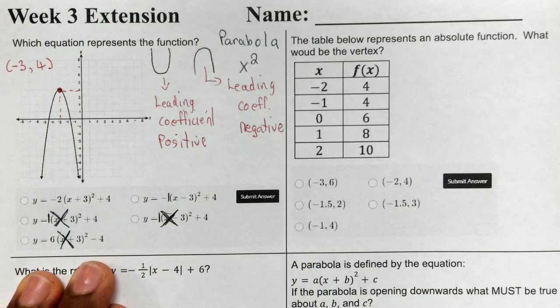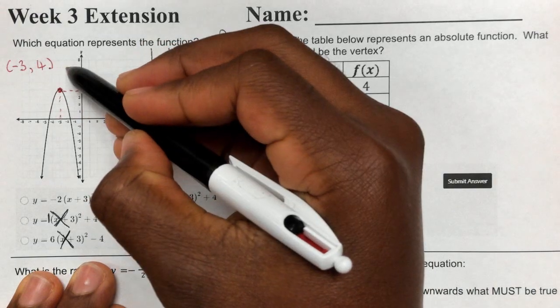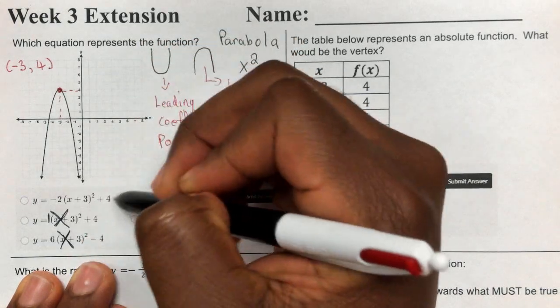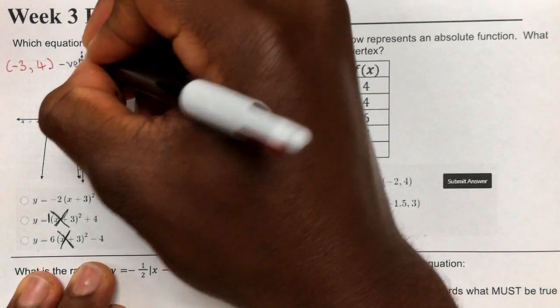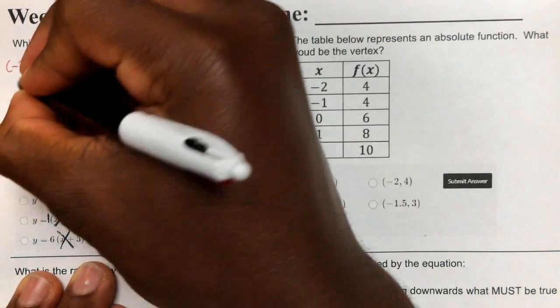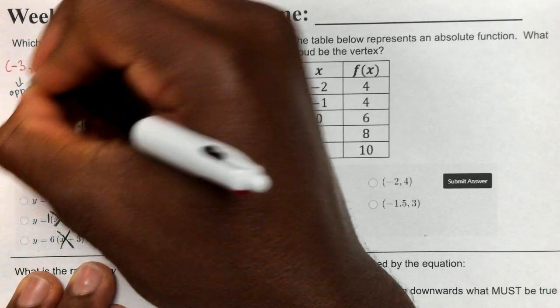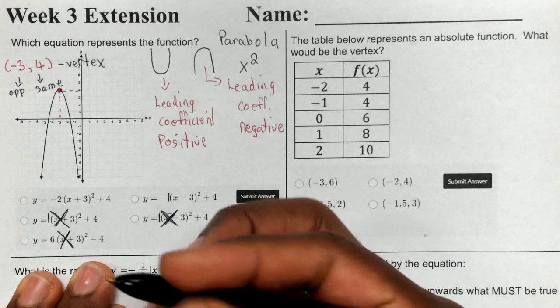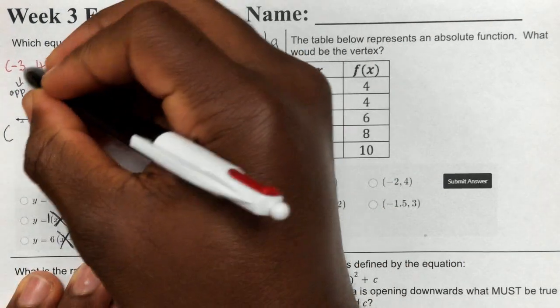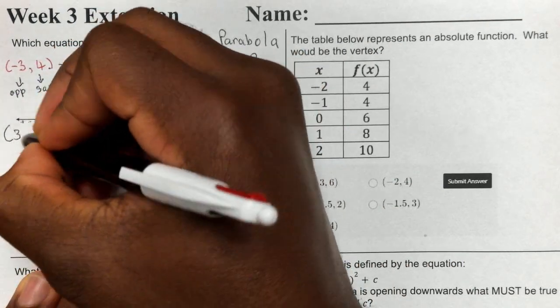But what should you remember when you're talking about your vertex? To convert the vertex to vertex form, because that's what these are all in, we need to do the opposite of the x value and the same as the y value to get what goes in the vertex form. So the opposite of a -3 is a +3.